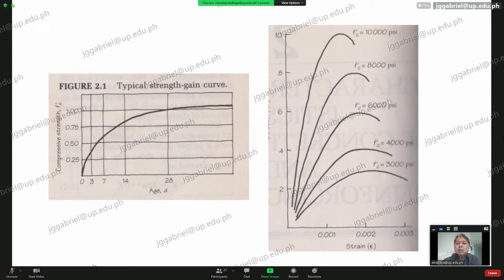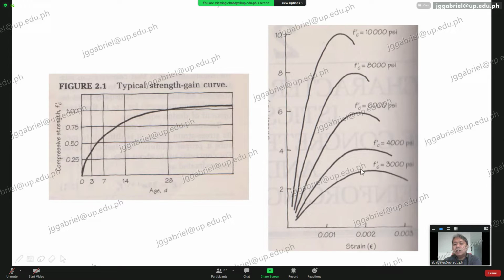And then we mentioned the stress-strain diagram. Okay. I believe this was demonstrated last time, that compared to steel, the stress-strain diagram of concrete is different.